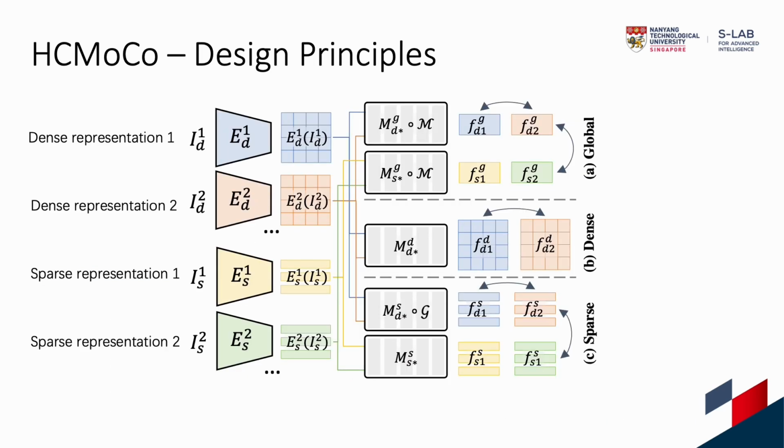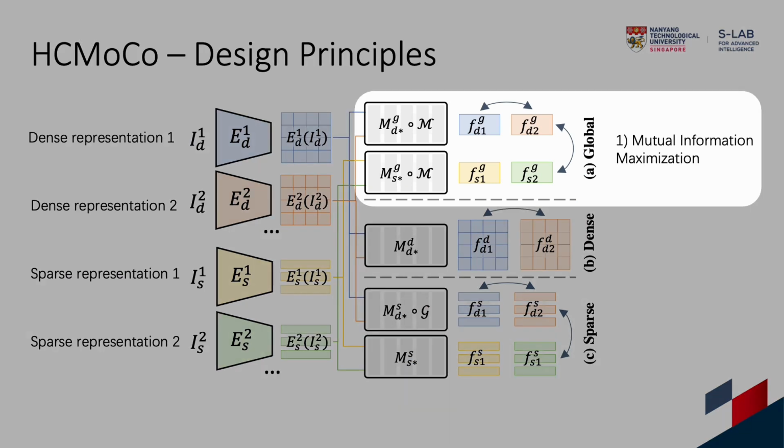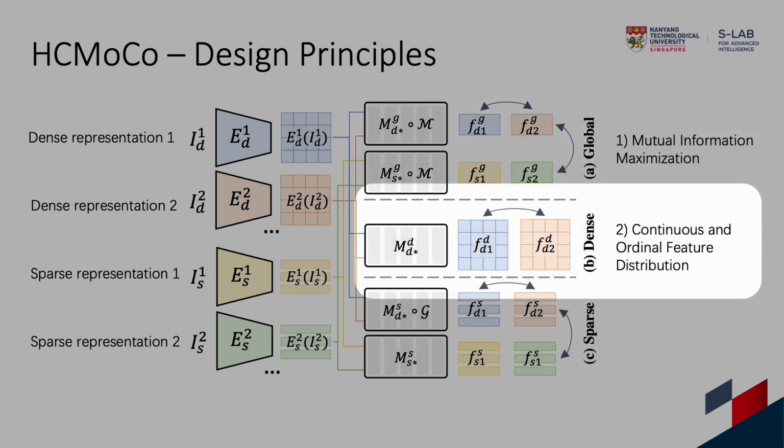In this work, we present HC-MoCo, the first multimodality human-centric portrayal framework that follows three design principles. Firstly, following the mutual information maximization principle, which is proved effective by many contrastive learning works, we propose to globally align embeddings of different modalities. Then, considering the downstream dense prediction tasks like dense pose, the feature space should be continuous and ordinal.